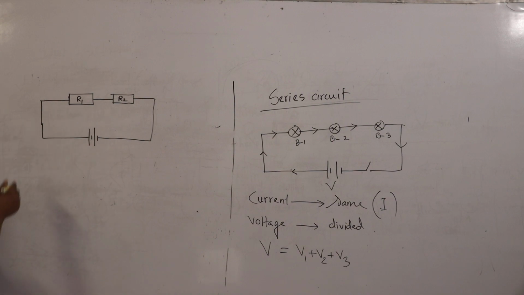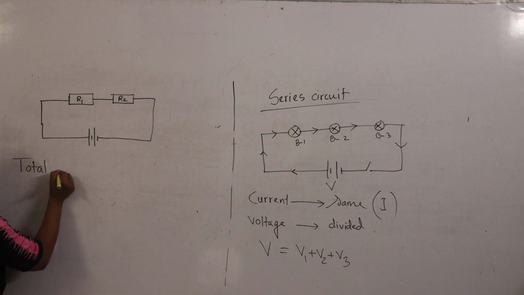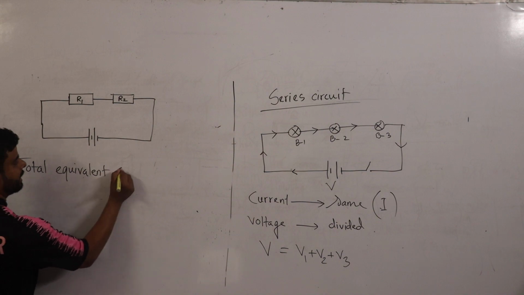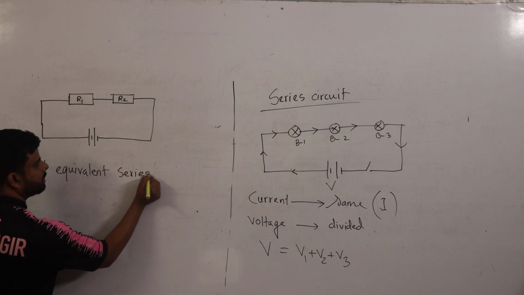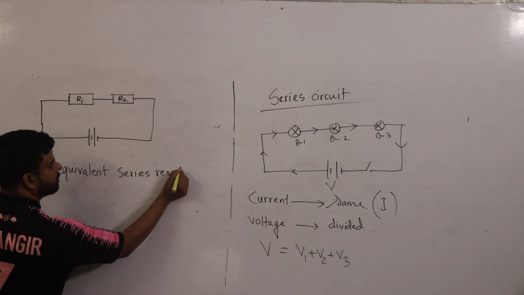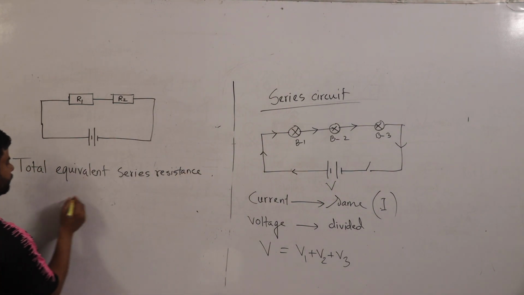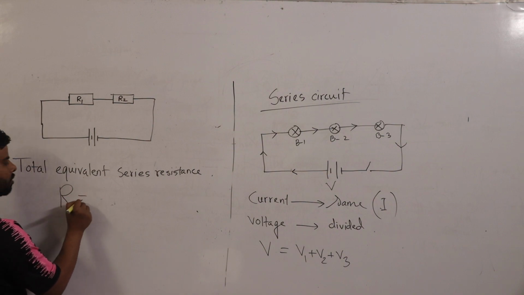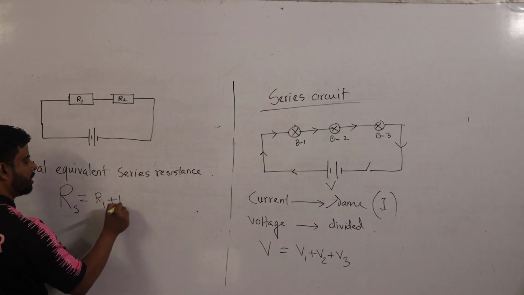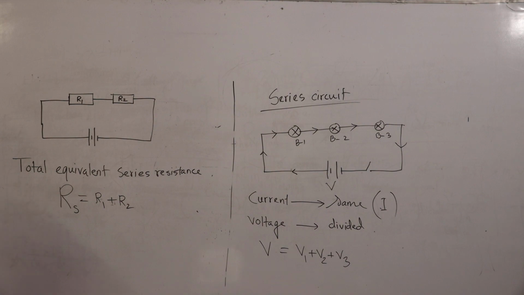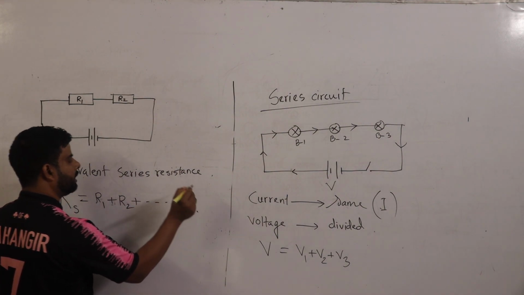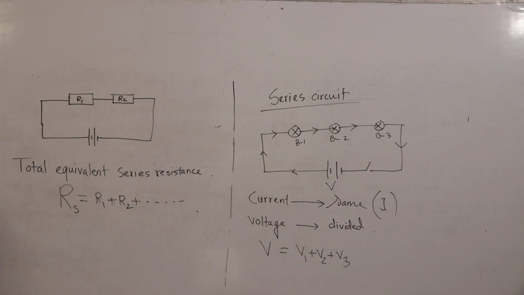Then the total equivalent series resistance will be, say, series resistance, that's why RS, R1 plus R2. If there are more resistors, then we add the same way.